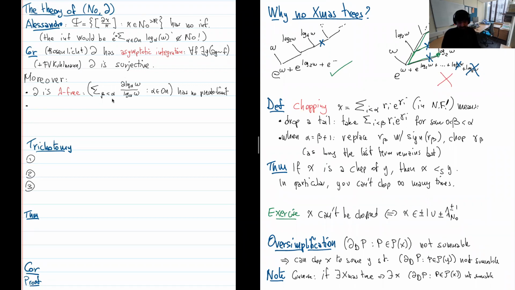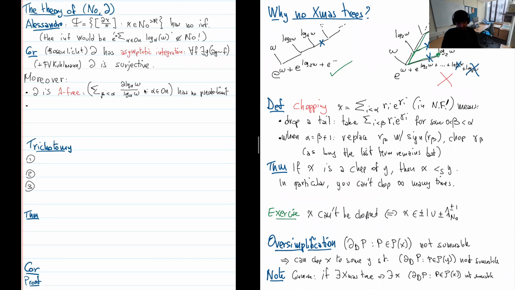And where is the analogy? The analogy is that, for example, the class has no infimum because this exponent here, this infinite sum, is actually as long as the ordinals. And so this cannot be a Surreal number.